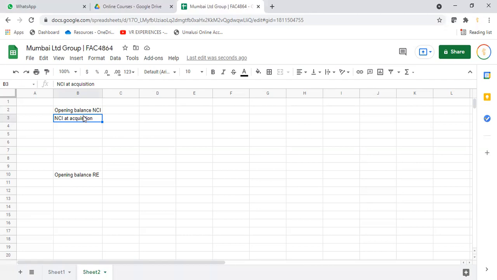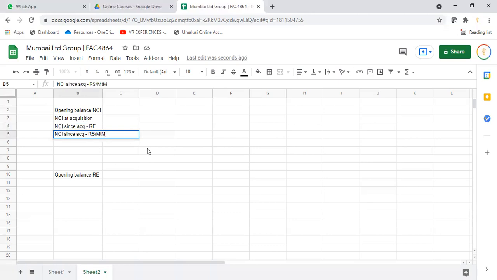But to get to that number, because they're only going to give you the number, you must take NCI at acquisition, and NCI since acquisition for retained earnings, NCI since acquisition for revaluation surplus, mark to market.